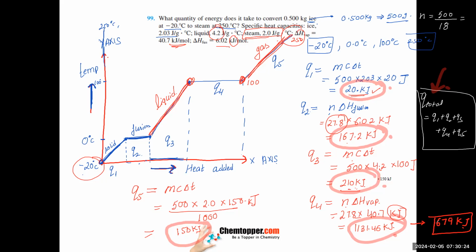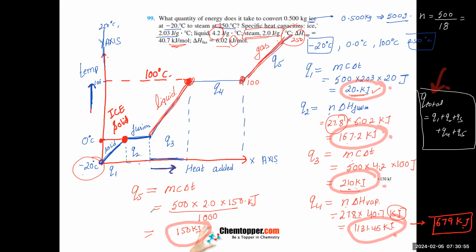So this question we have made very lengthy, starting from -20 to 250. But let's say they are asking how much heat is needed going from 0 degrees Celsius, solid ice is given to me at 0 degrees Celsius and then is converted into liquid at 100 degrees Celsius.